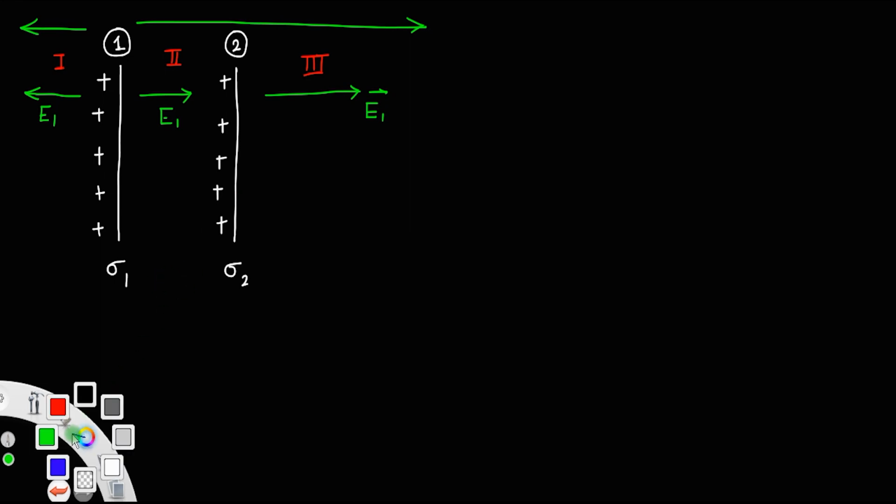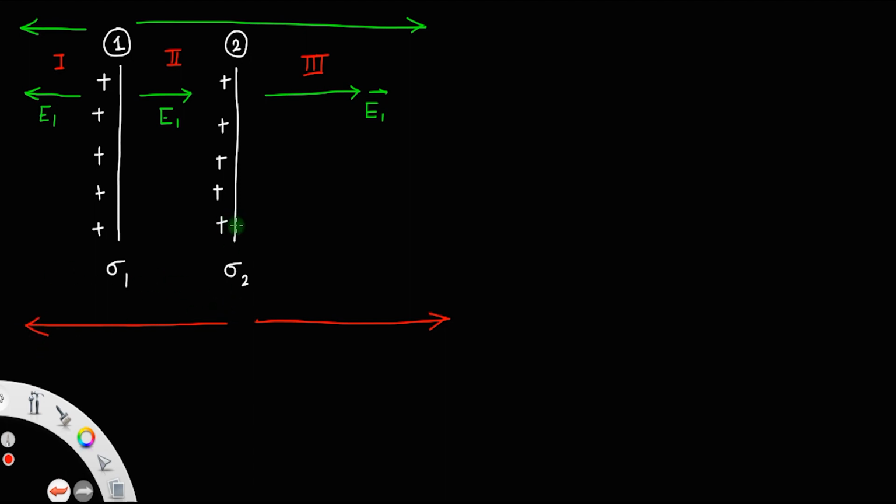Now let us consider the electric field produced by the second sheet. For the second sheet, on the right side, it will be away from the sheet. On the left side, it also is away from the sheet. So this is the direction of electric field on both sides of the sheet 2.